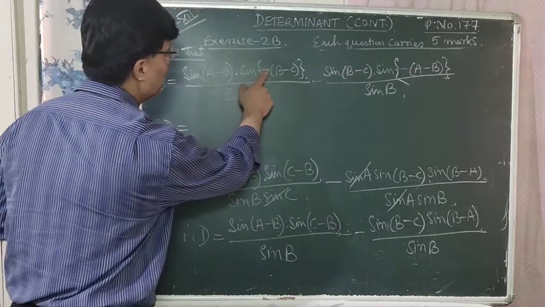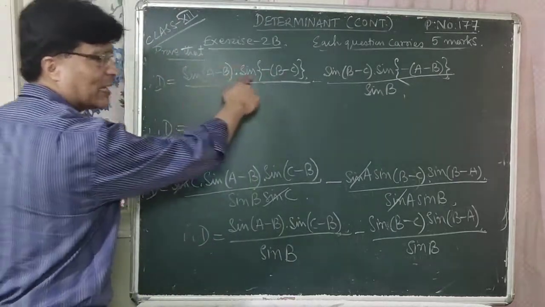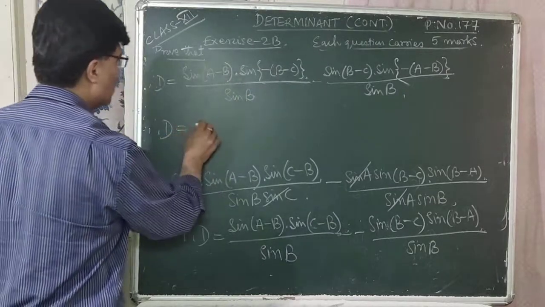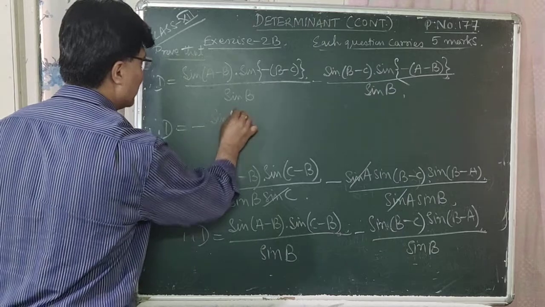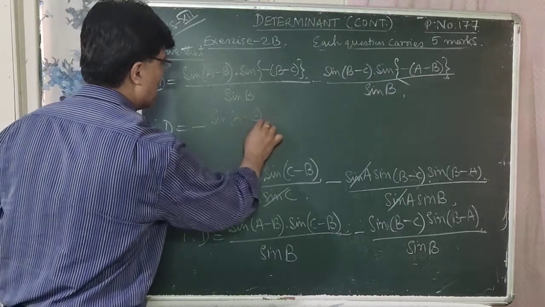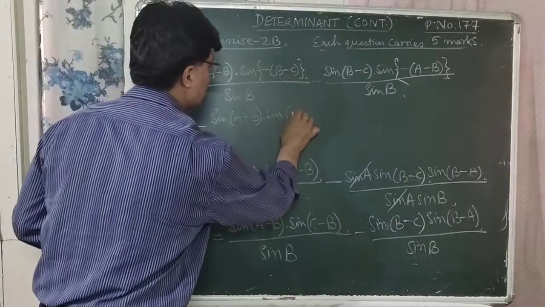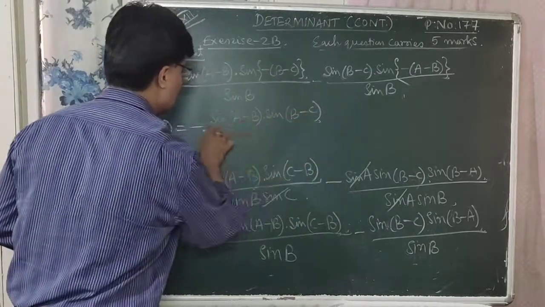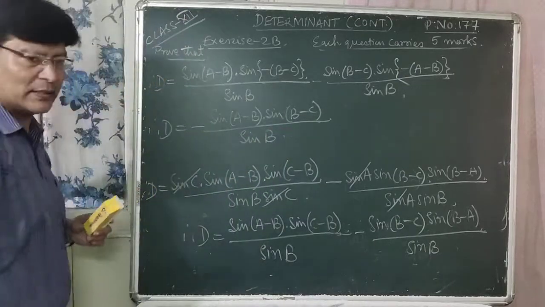Similarly, what is sine of minus within bracket B minus C? It is minus sine of B minus C. So minus, write it in the front. So sine of A minus B into sine of, this minus sign is taken outside, so it is sine of B minus C, this whole divided by sine B. Right?